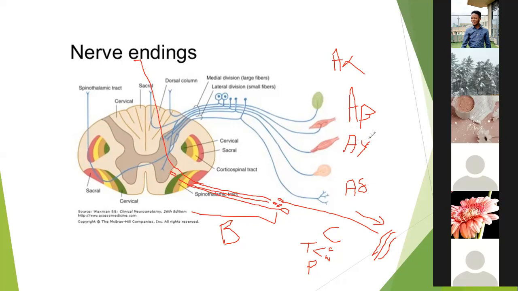In the spindle, yes. So these ones and these ones will be found in the spindle. Beta are cutaneous, and these ones are slower than the other receptors, but the sharp pain. So if you capture all that, you'll be able to remember the Erlanger-Gasser classification.